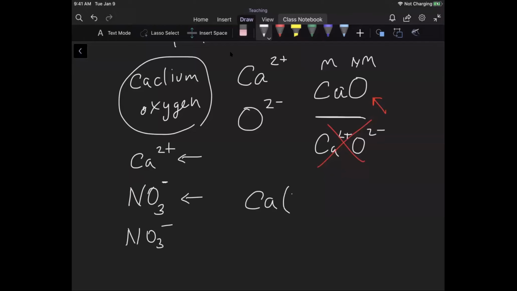So I draw parentheses, NO3, and I need 2 of them. So I have 2 units of NO3 minus in my formula, and again, I'm not writing the charges. That's an example with a polyatomic in an ionic compound, and again, ionic compounds are metal and non-metal.